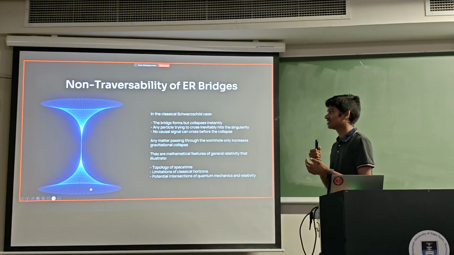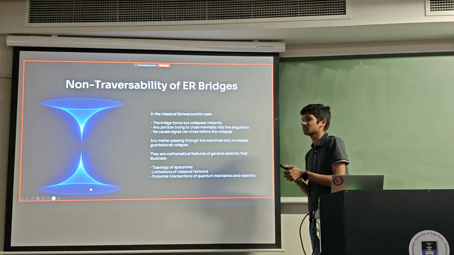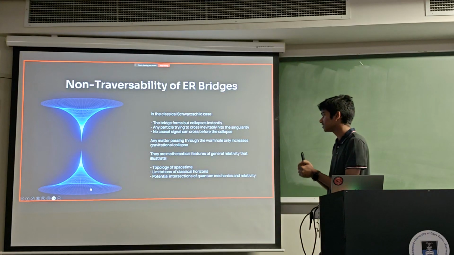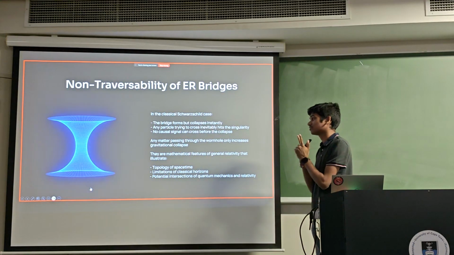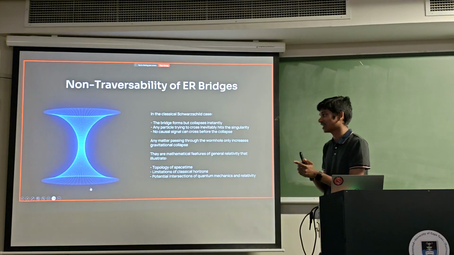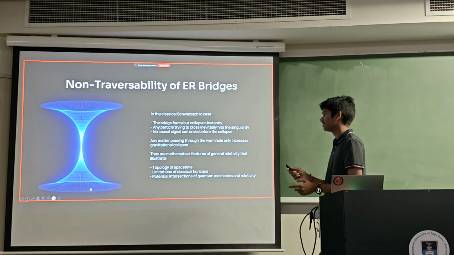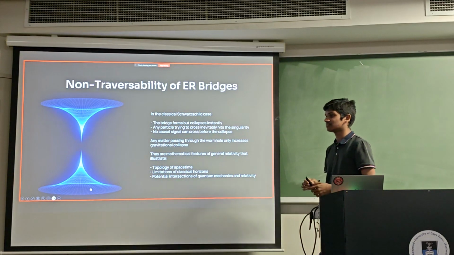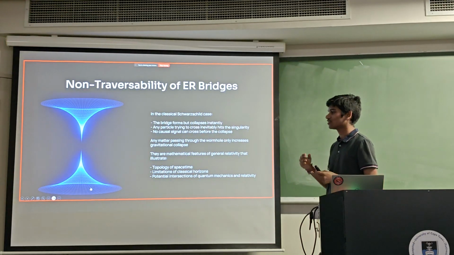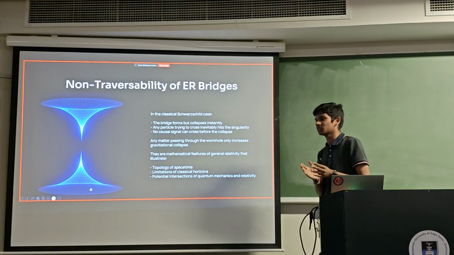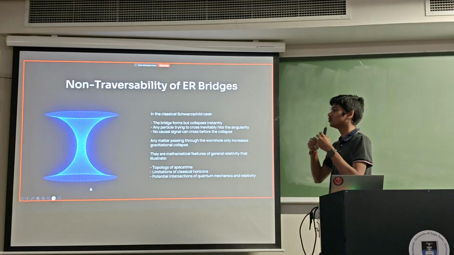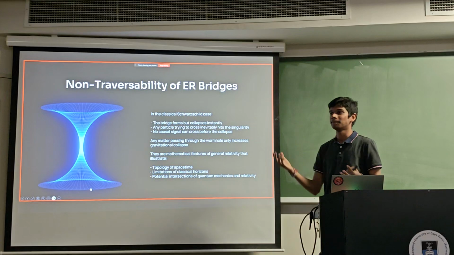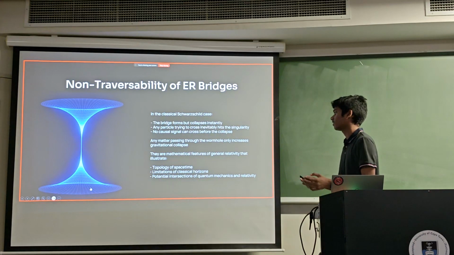They also illustrate the limitations that we have with classical horizons and classical physics, and they also talk about the potential intersections of quantum mechanics and relativity. What I basically mean by that is quantum entanglement. There are theories that suggest that quantum entanglement could be linked to microscopic wormholes that link both particles regardless of where they are in the universe.